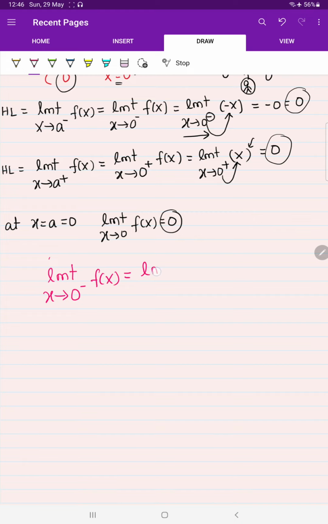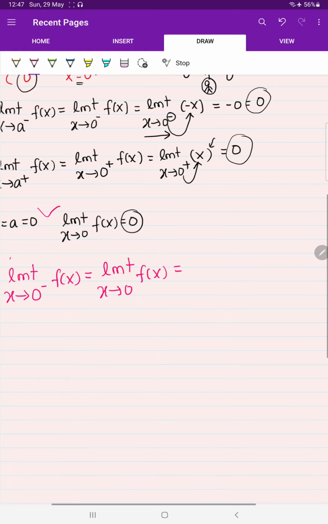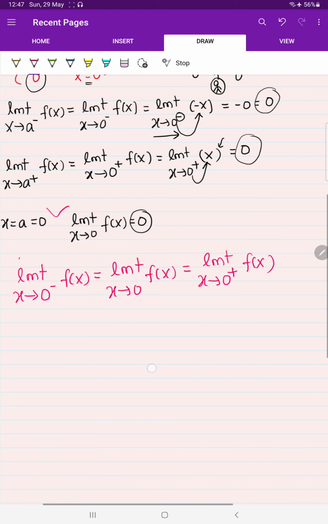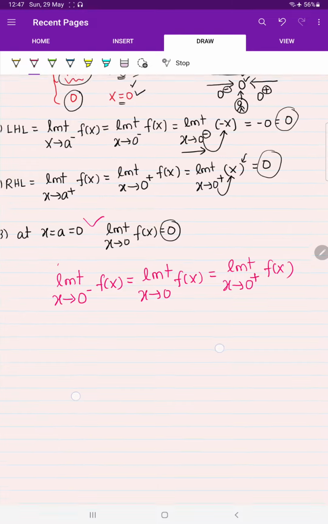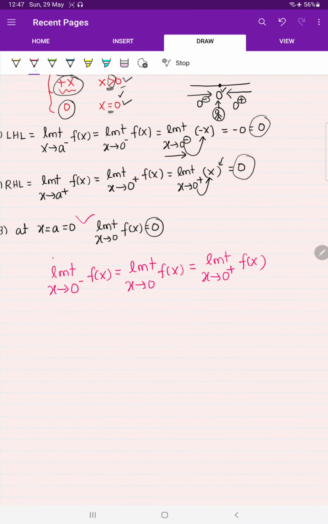That will be equal to limit x directly approaching 0, that is the specifically defined point, which is the last one. This will be equal to limit x approaching 0 from the right hand side of f of x. See there, all the values are equal or not? Yes, sir, all these values are equal.